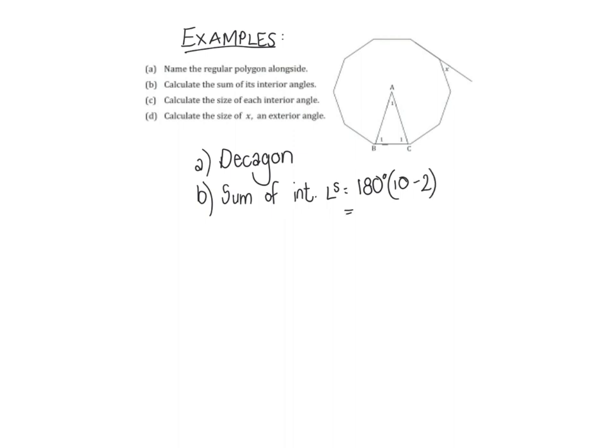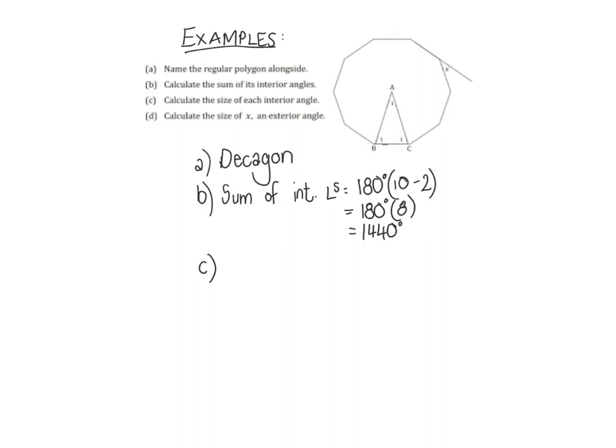And that gives you 180 degrees times 8. And if I put that all into my calculator, it gives me 1,440 degrees is the sum of the interior angles of a decagon. So any decagon has 1,440 degrees as the sum of its interior angles.